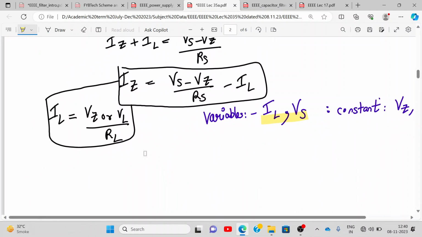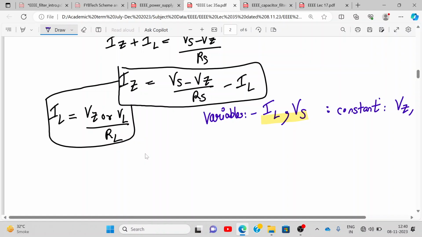So now, IL variations will be observed if you change the value of RL. And these variations are called load variations. And the Vs variations are called line variations.